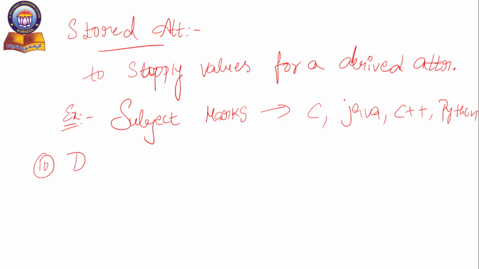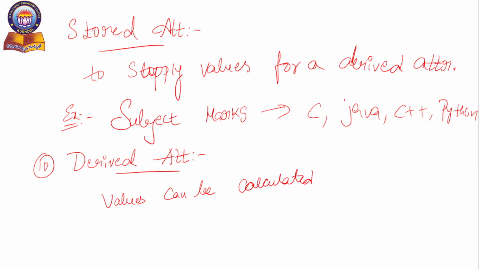Coming to the 10th one, derived attribute. It means an attribute whose values can be calculated from related attribute values.